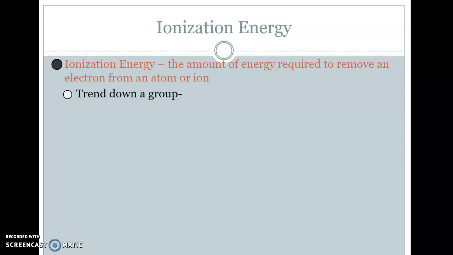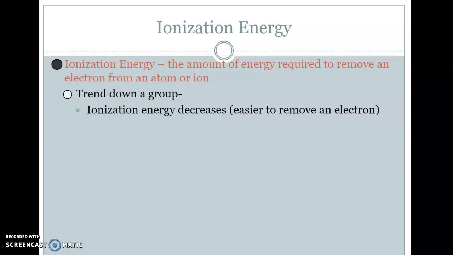The nucleus, with its positive protons, is what is holding on to those valence electrons, all of the electrons really. So the farther away the electrons get from the nucleus, the easier it is to remove them, because the nucleus doesn't have a very strong pull on them anymore.